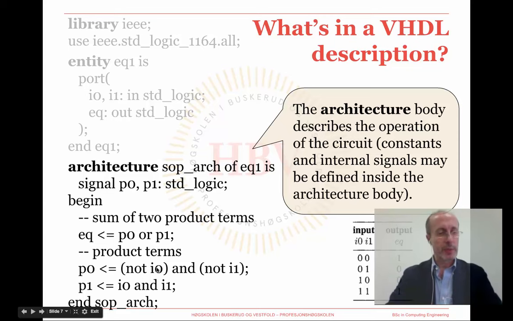Actually, the way this works is that whenever one of the inputs in any of these statements changes state, for example, if I0 or I1 change from 0 to 1 or vice versa, then the statement is activated and the expression is evaluated. So if I0 changes state, these two expressions will be re-evaluated simultaneously.